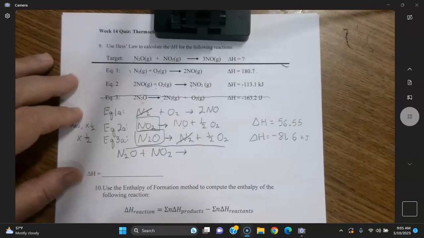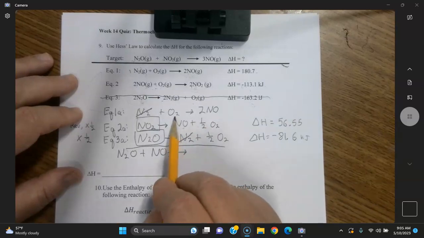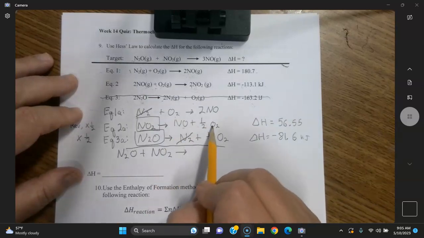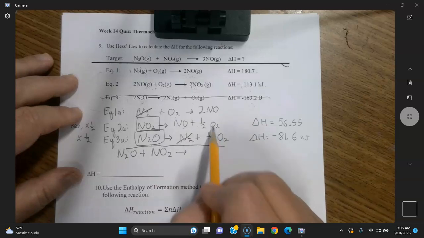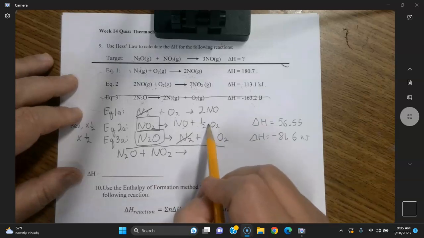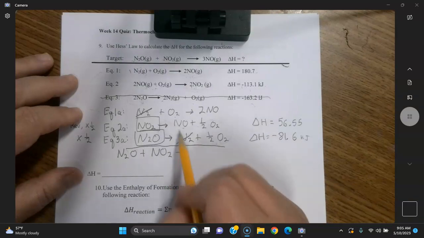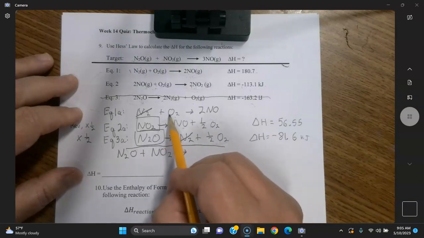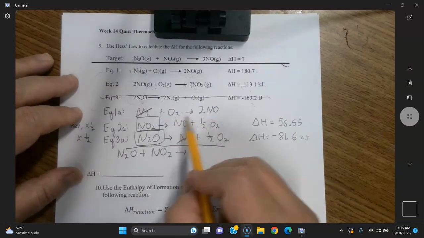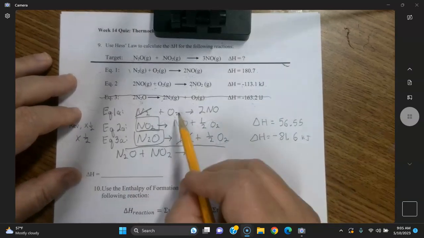All right. And we have an O2 on the left side here, and 1/2 O2 plus 1/2 O2. They're on the same side, so you add them. So 1/2 plus 1/2 is 1 O2 on the right side of the arrows. Here's your arrows. And 1 O2 on the left side of this arrow. So you add that up, it nets out to 0.